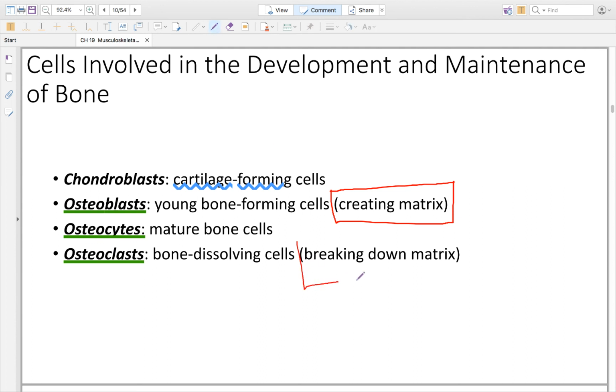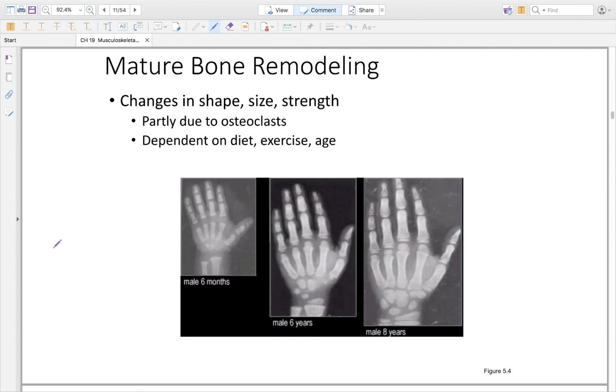And so when your bones are being repaired, for example, or renewed, osteoblasts and osteoclasts are directly involved in the breakdown of the matrix and the creation of new bone cells, and this is happening simultaneously in bone development and the maintenance of your bones. So this is just a quick emphasis of what we just discussed with osteoblasts and osteoclasts.